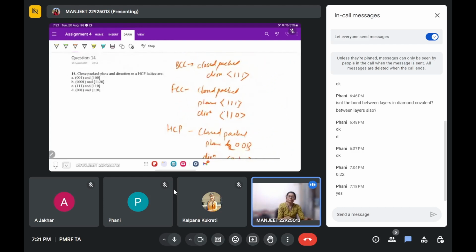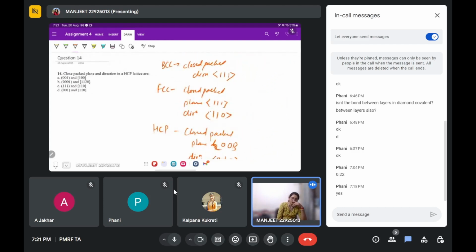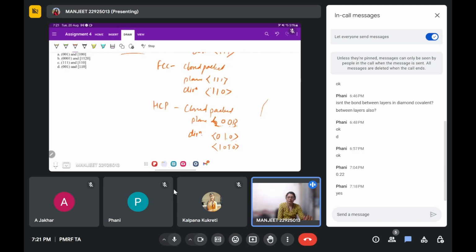So these are the closely packed direction and plane for the different kinds of structure. Here the plane will be 0 0 1 and the direction will be 0 1 0, or in a different form, since this is a set of directions, it will be the same as 1 1 0. Or in another form, it will be 1 1 minus 2 0 as well, or 1 1 0 1, and the plane will be 0 0 1.